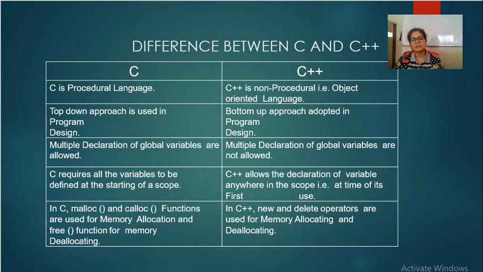The last difference is that in C, if we have to allocate memory to a variable, we have functions like malloc, calloc and dealloc. Whereas in C++, to allocate and deallocate memory, we have two operators, new and delete. The new operator is used to allocate memory, whereas the delete operator is used to deallocate and delete the memory. Whereas in C, we have the malloc and calloc functions to allocate memory and the dealloc function to deallocate it. So these are the very basic differences between C and C++.